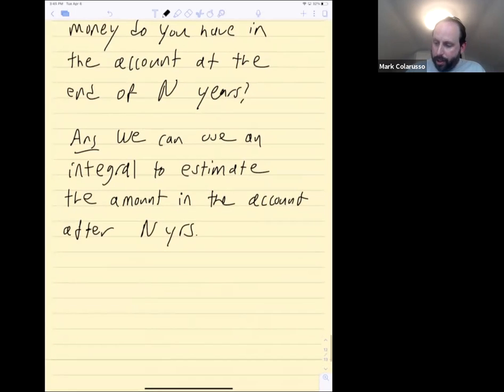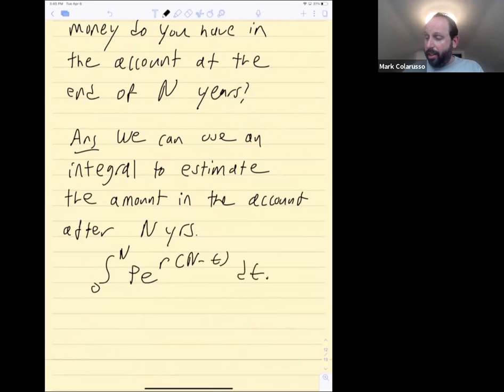And the estimate is the integral from 0 to n of the principal P times e to the r, the interest rate, times the number of years n minus t, dt. It looks similar to the usual compound interest formula, but here's where it differs: the n minus t.